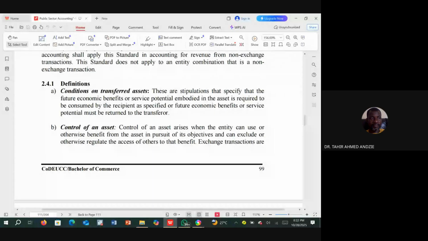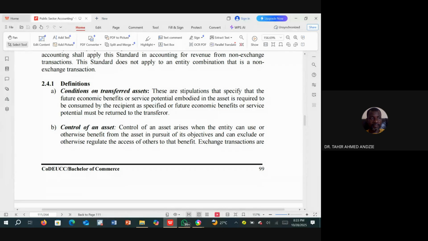Definition of some terms in this standard: we have conditions on transferred assets, control of an asset, and all that. Conditions on transferred assets are stipulations that specify that the future economic benefit or service potential embodied in the asset is required to be consumed by the recipient as specified, or must be returned to the transferor.